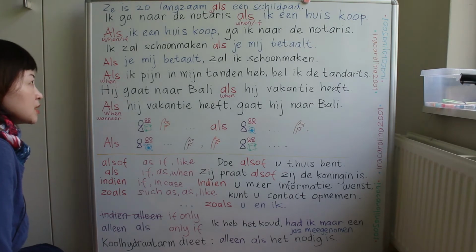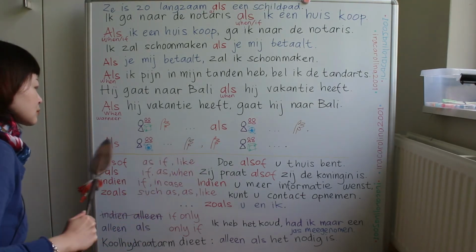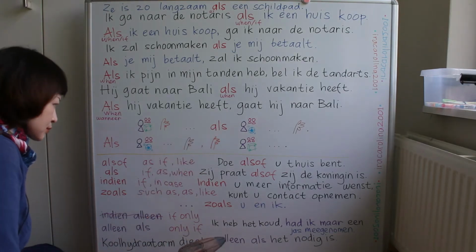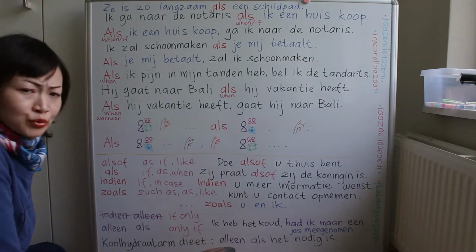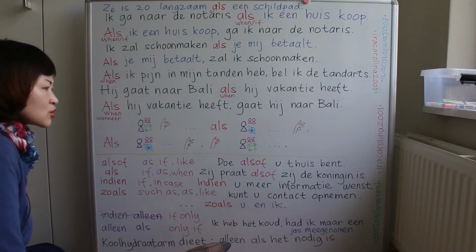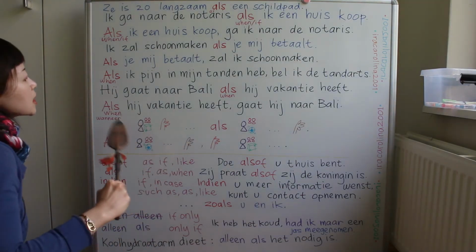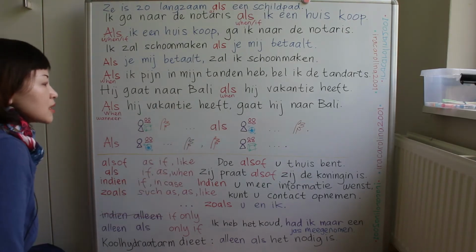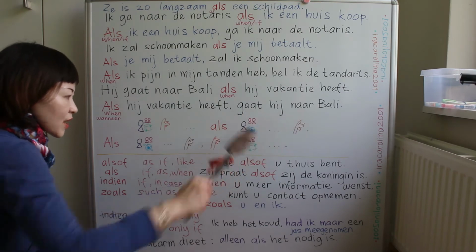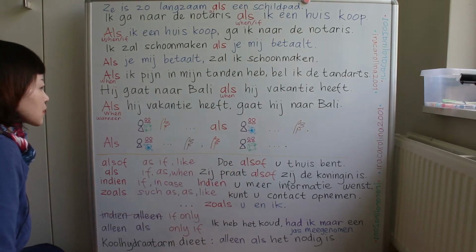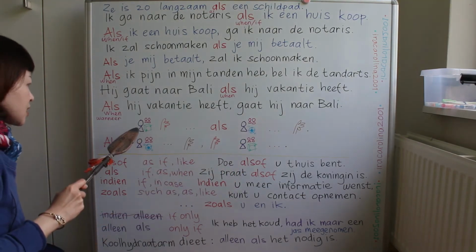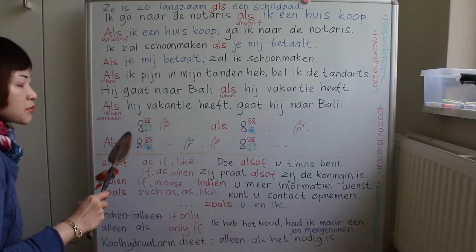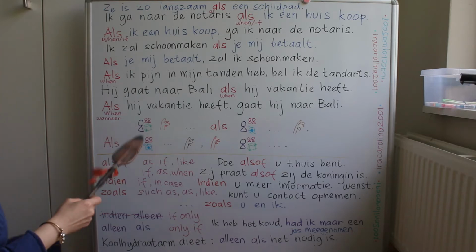When we use this "als" in the middle of the sentence, of course you have two parts in your sentence. One here before the "als", and the other here after the "als". We can see here we have the subject, which can be human, humans, more than one or one.